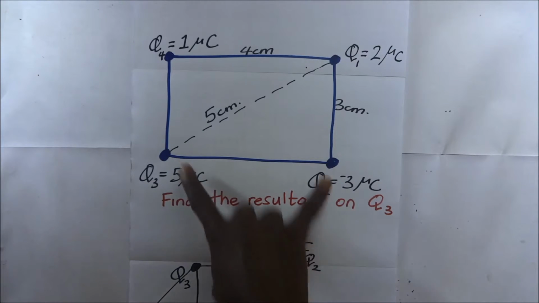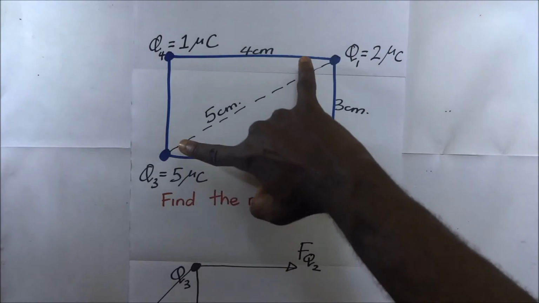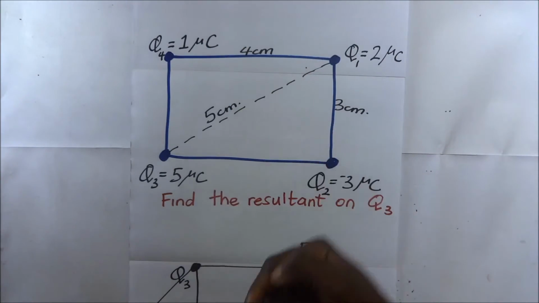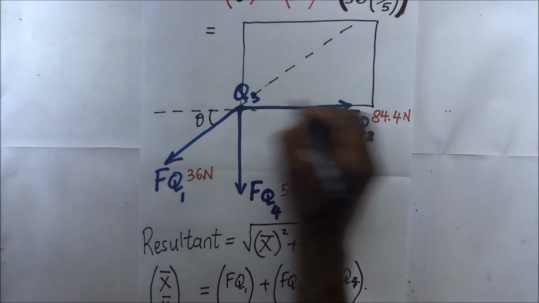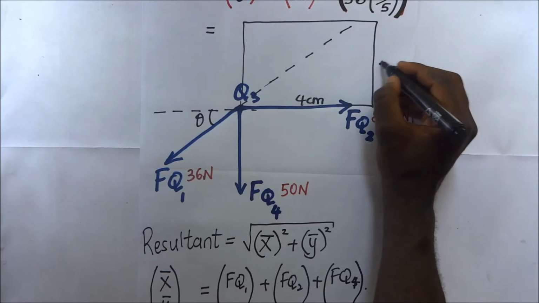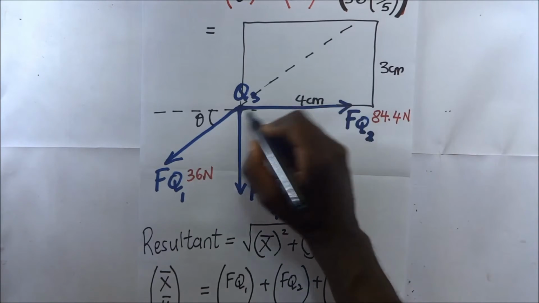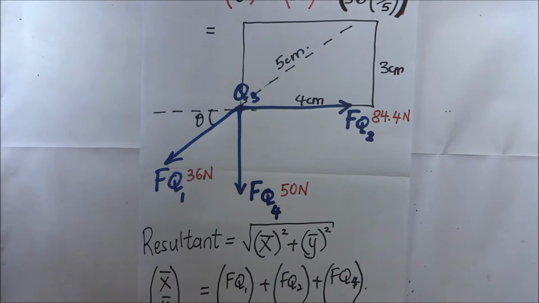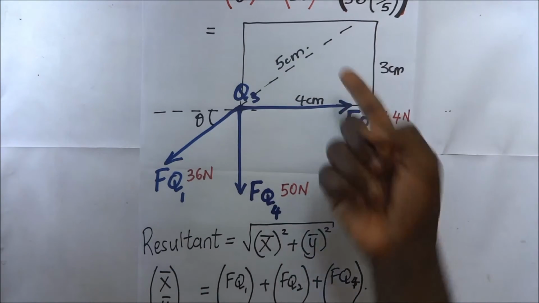According to our question, this is 4 centimeters, this is 5 centimeters, this is 3, that is 3 centimeters. So let's transfer this information down here. Here is 4 centimeters. Right here is 3 centimeters. So meaning this is 5 centimeters. According to Pythagoras theorem, this is 5 centimeters, the diagonal.